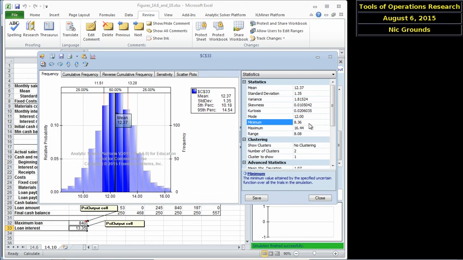Looking at these statistics again, the minimum loan interest we paid back, in the 1,000 scenarios, the 1,000 randomly selected sales numbers that we used, was $8.36 thousand. The maximum was $16.44 thousand.